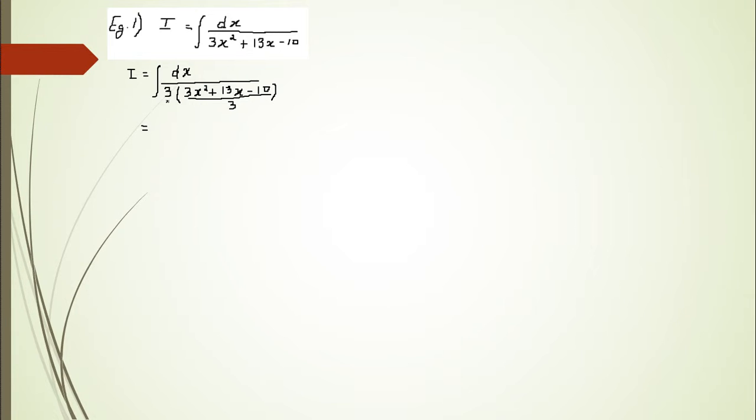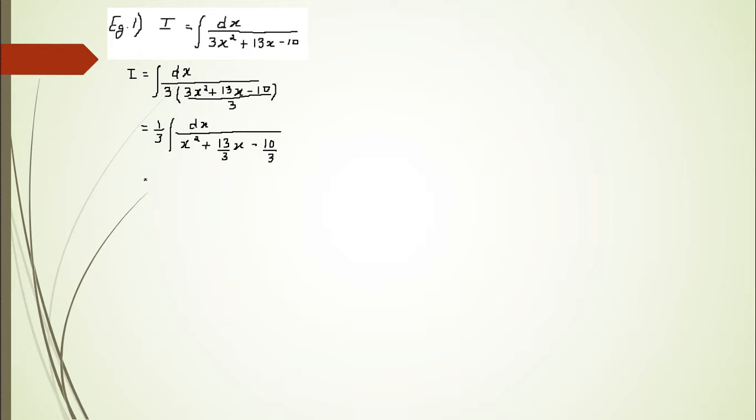Now I can take 1 by 3 outside because it's a constant. So I write this as 1 by 3 integral dx divided by, now 3x square divided by 3 gives me x square plus 13 by 3 into x minus 10 by 3. So that was the first step.